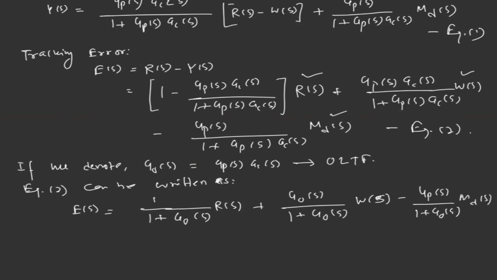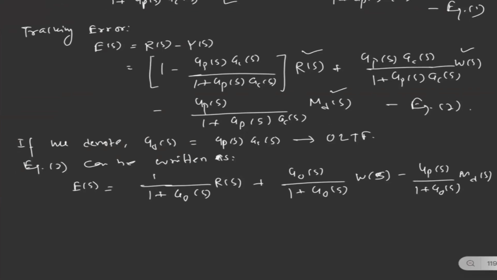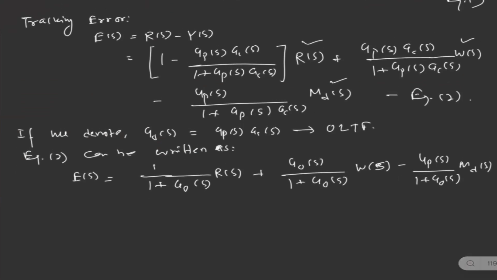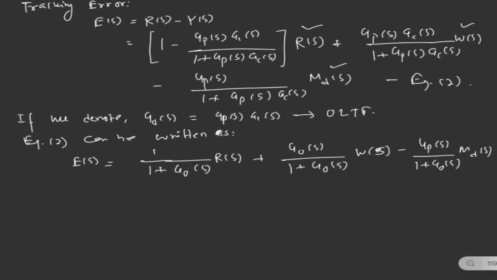This expression you have already found while we were discussing how we can neglect the steady state error in the system. But here is the combined equation with respect to the reference signal, WS and MDS. And this expression we can write in simplified form as ERS plus EWS plus EMDS.